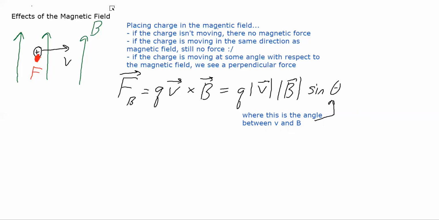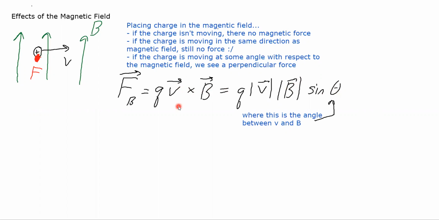If the angle between velocity and magnetic field is 0 degrees, which was the case earlier when I had it going in the same direction, or 180 degrees, so in my picture here, if that velocity was going down, then you wouldn't get a force. There has to be some kind of angle between V and B other than 0 and 180 for you to get a force here.